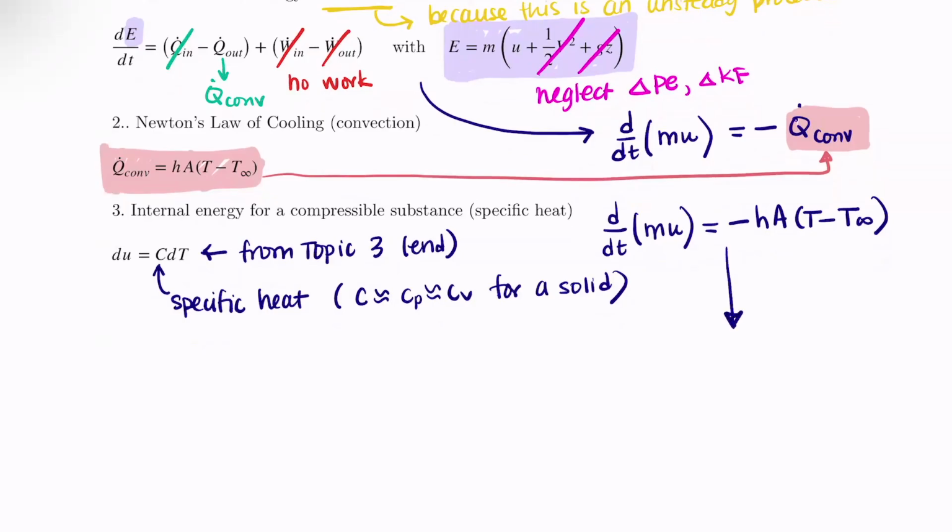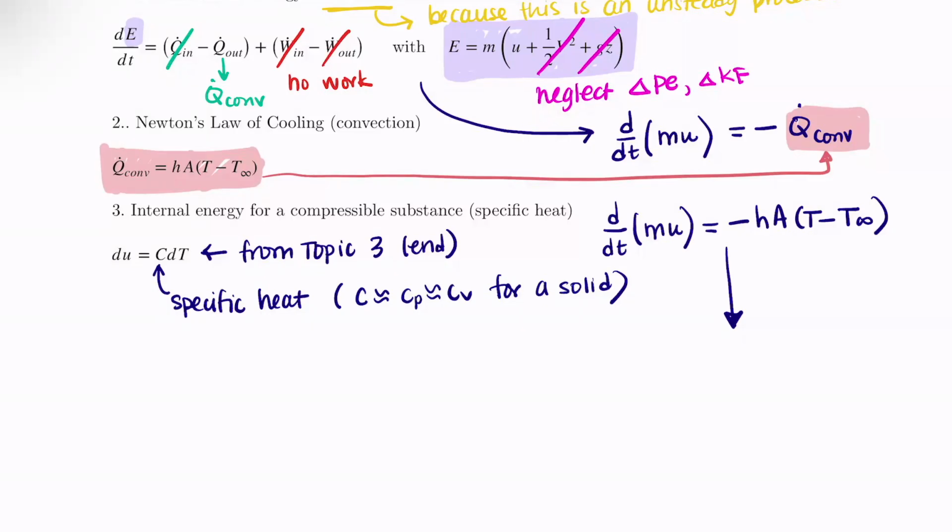But first, what I'm going to do is carry out this derivative on the left-hand side. Well, carry out is a little too strong a word. I'm going to simplify this. I have the time derivative of mass times internal energy. We know, of course, that internal energy is going to change as a function of time because we're losing heat to the surroundings, but the mass of the object would remain the same.